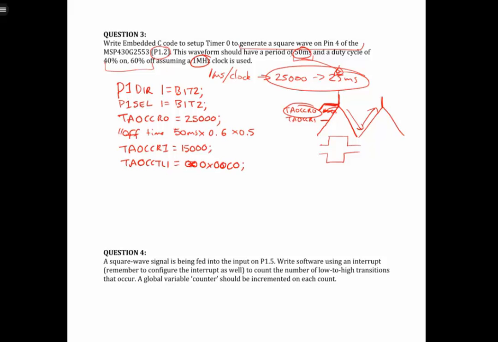That will connect it to the output pin, and then we need to actually start the timer and set up the clock and everything like that. So that will put the 1 megahertz SM clock and put it into up-down mode.